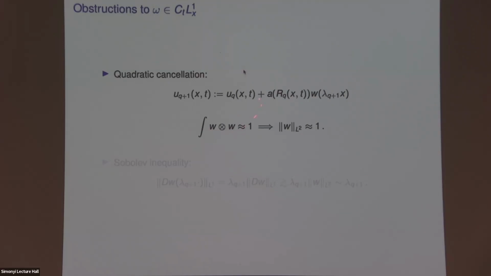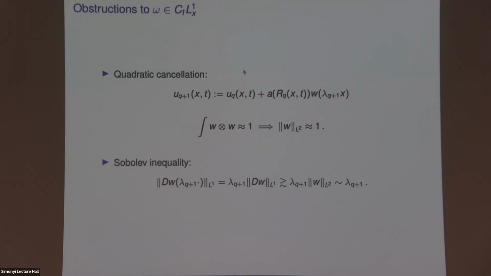And here is the obstruction. This is the ansatz, this is the perturbation. And as I said, in order to get low frequency terms, we need to normalize the building block W in L2, to have norm exactly equal to 1.